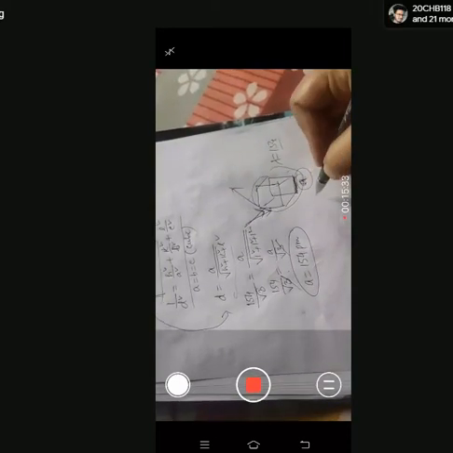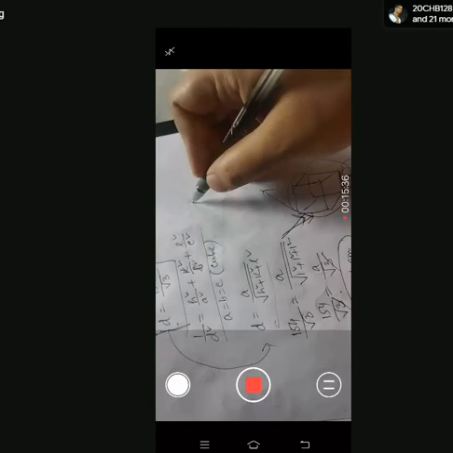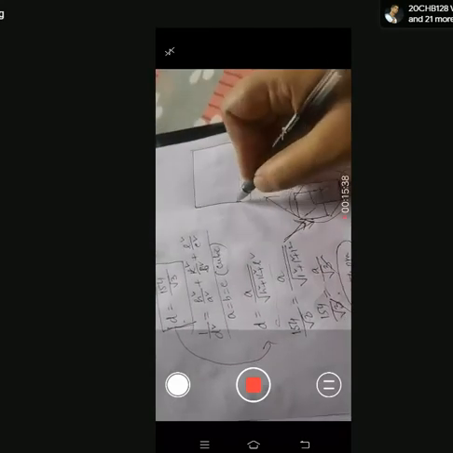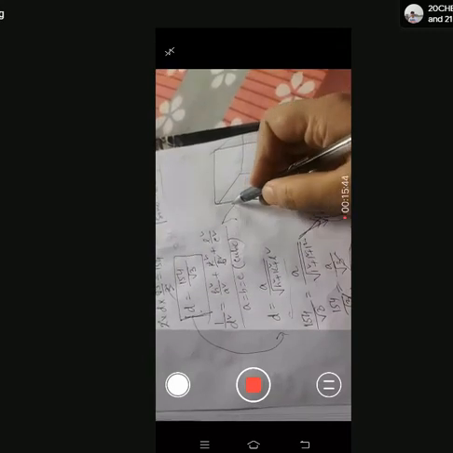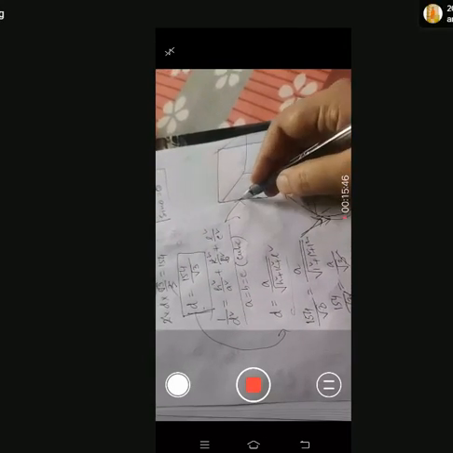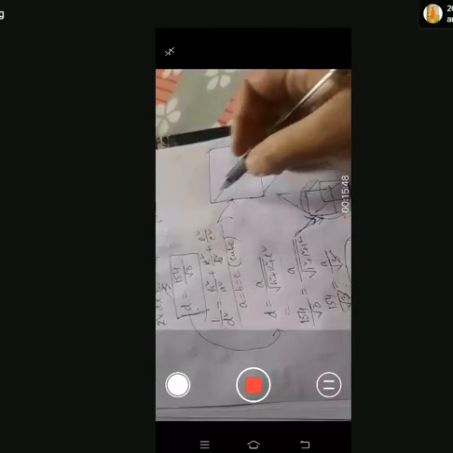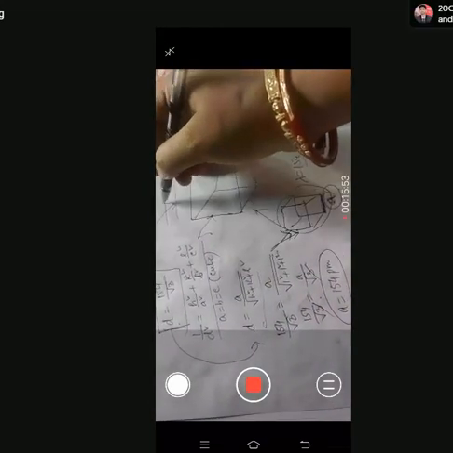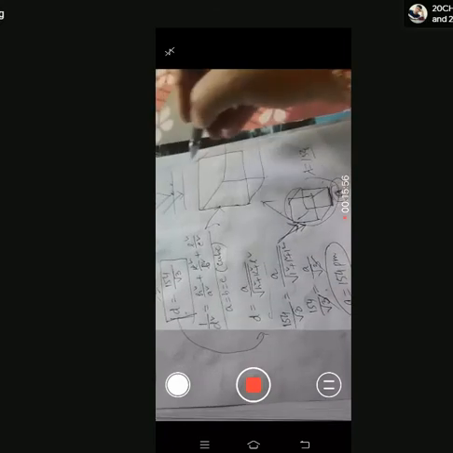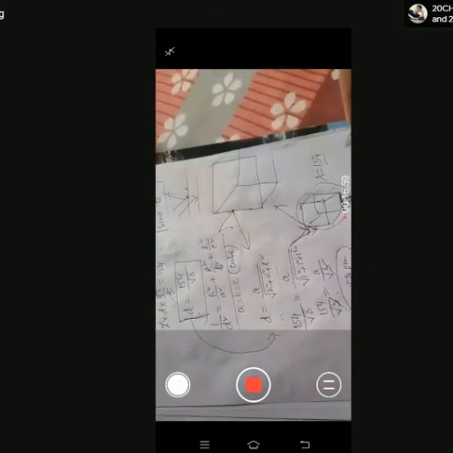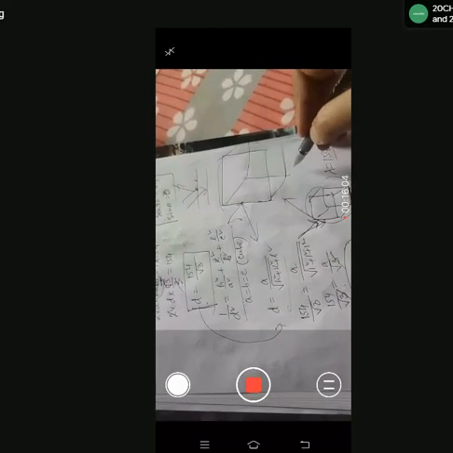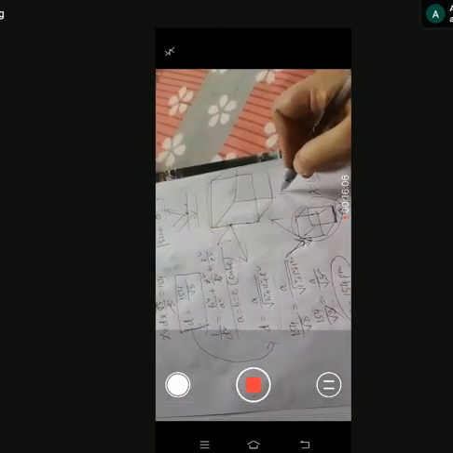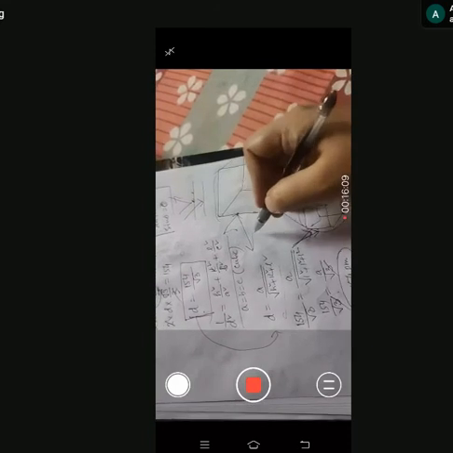Why is this so? If this is a big crystal and the incident light comes like this, it will not go to the second layer. 100% will be reflected back from the surface, because the crystal is so big, for example 10 to the minus 9 meter, and the lambda is 10 to the minus 10.